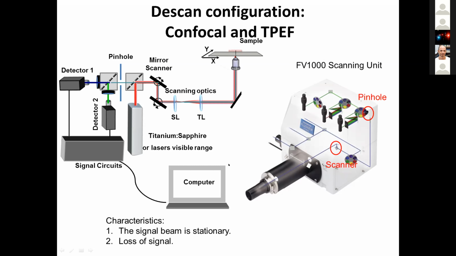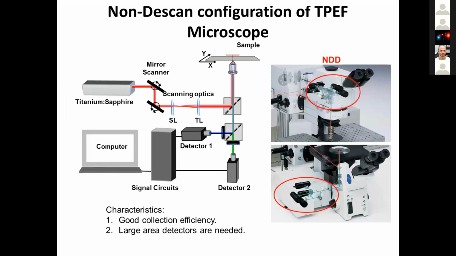One of the disadvantages of this is that the more optical path we have, of course, the more light we will lose at each of the surfaces, something that we need to handle with the non-descan configuration. And this is possible, for example, in multiple photon excitation, because it is intrinsically confocal.